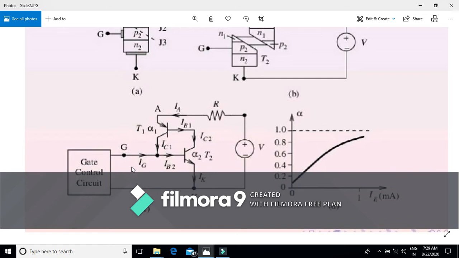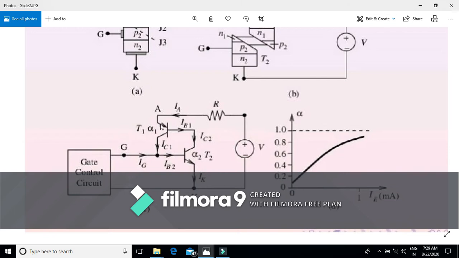Now, when a small gate current is applied to the base of T2, the applied collector current, which is also the base current of T1, generates a very large collector current of thyristor T1.